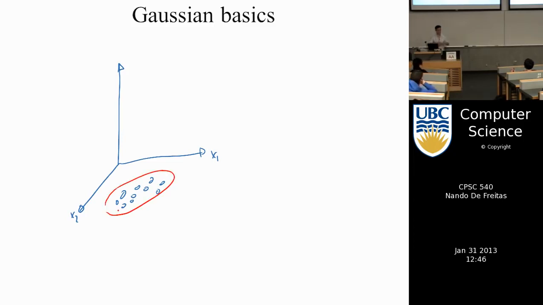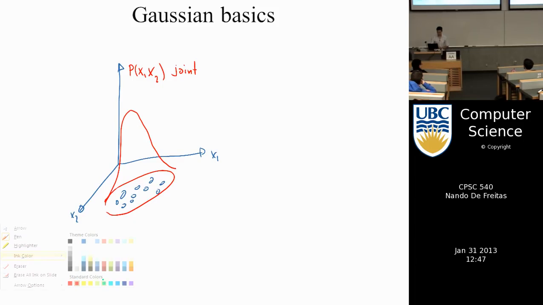And this time I'm actually going to plot the Gaussian in 3D, which is this bell-shaped curve. Okay. This is essentially the distribution of x1 and x2. We call it the joint distribution, because it jointly models x1 and x2.